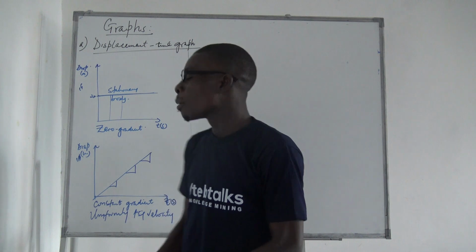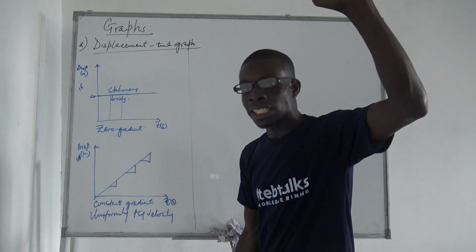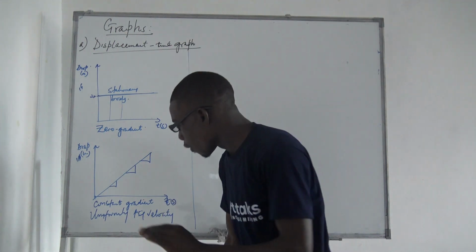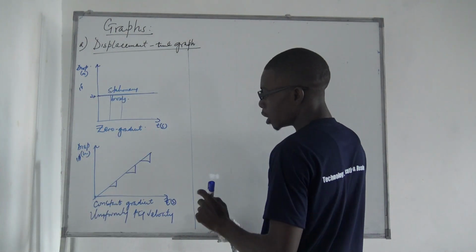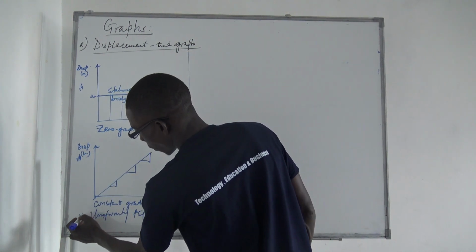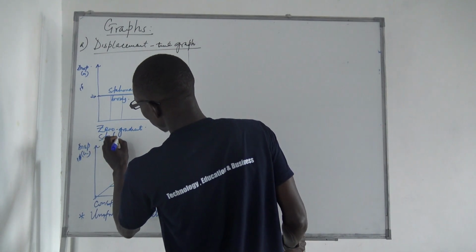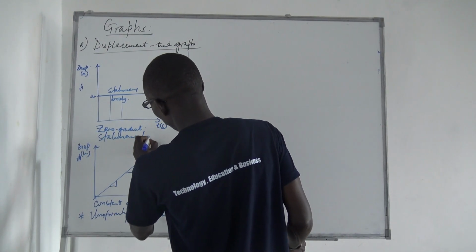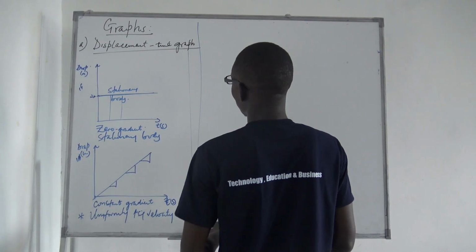There we say the body has a uniformly increasing velocity, isn't it? This one is for a uniformly accelerating body. This one for zero gradient is for a stationary body. Is that okay?